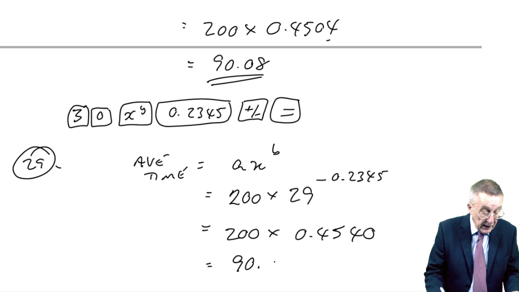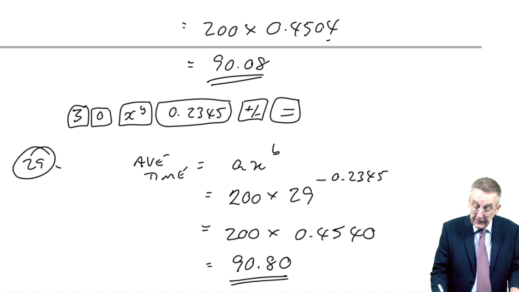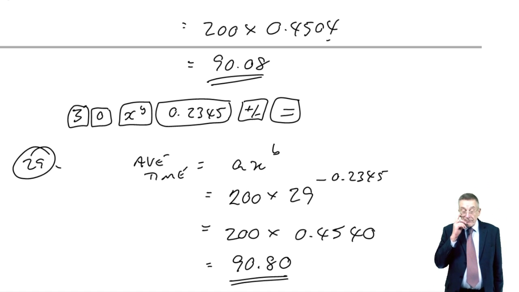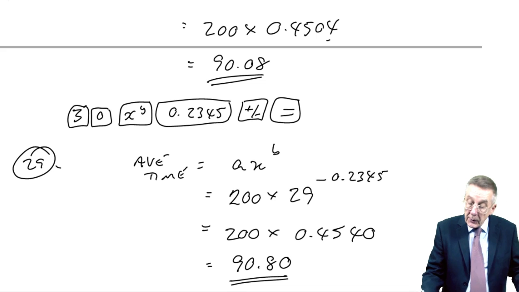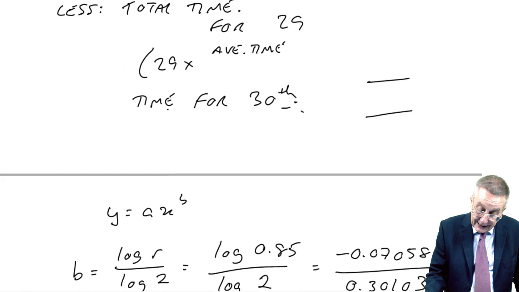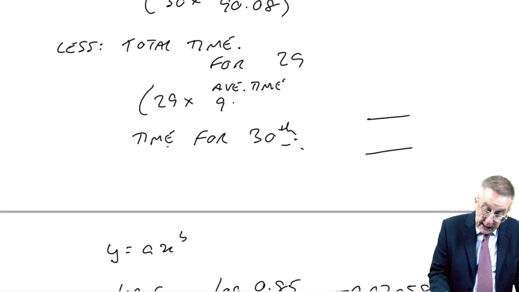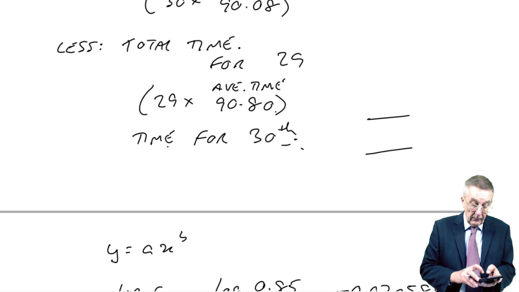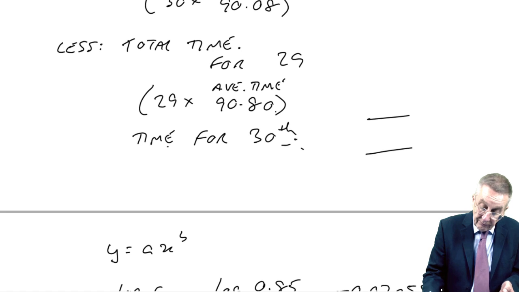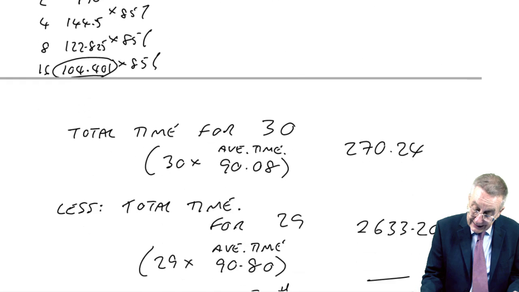I get 90.80. Again, that's the average time per unit, so the total time for 29 is 29 times 90.80. 2633.20, I think.